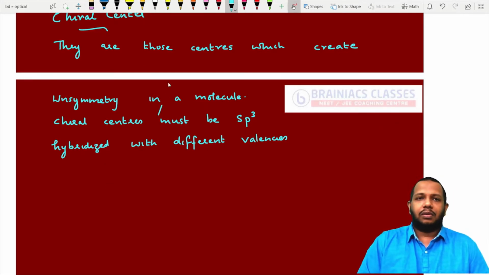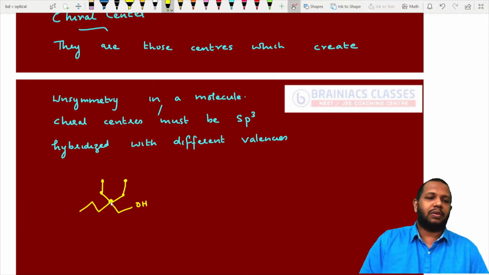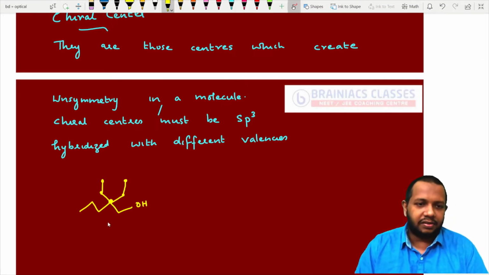Okay, so let's say for example, now I am going to take one example. I hope you could see this. So this is one example. Now, there are multiple carbon atoms here. Let me ask whether this carbon atom, what I am drawing here, is a chiral center or not.